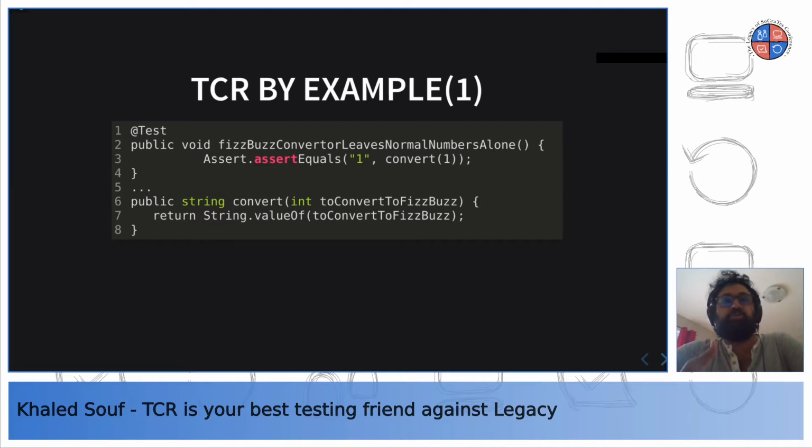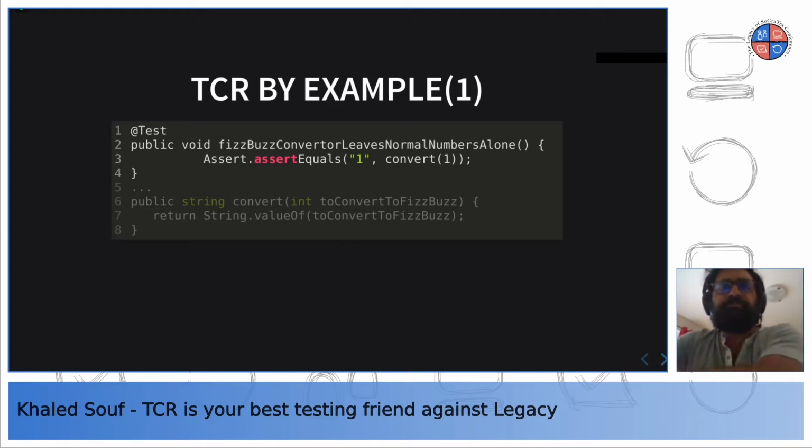So we're going to give an example. I took Java as an example, but we can take any other language. It's going to be okay. So first thing, we write our test. Here, if you know the example, I take the FizzBuzz kata. The first thing is when I give a number, it's going to return me the number. If it is a multiple of 3, it's going to give me fizz. If it is a multiple of 5, it's going to give me buzz.